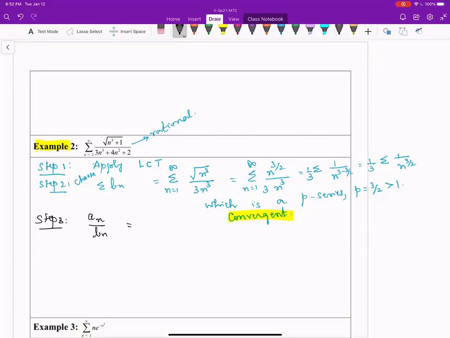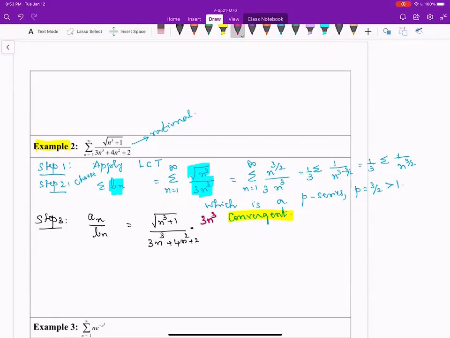An over bn, where an is square root of n cube plus 1 divided by 3n cube plus 4n square plus 2. I'm dividing by bn, and bn is this expression here. After you reduce it gets to this one, but keeping it as square root of n cube over 3n cube is easier. As we are dividing, you're going to flip and multiply.